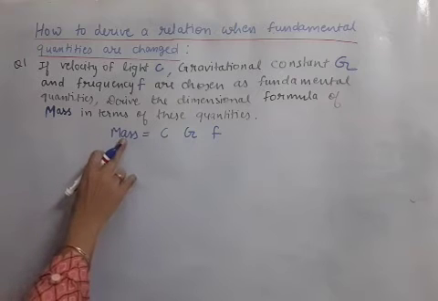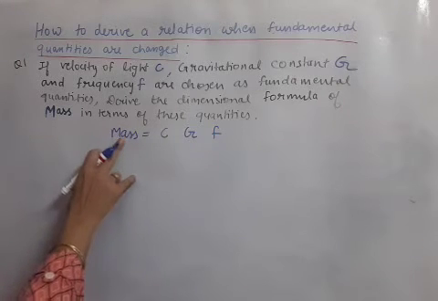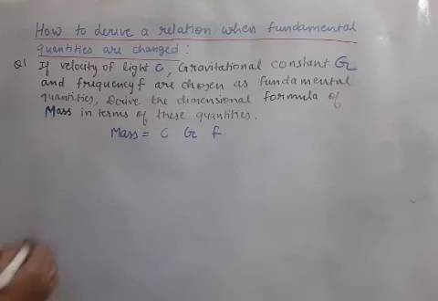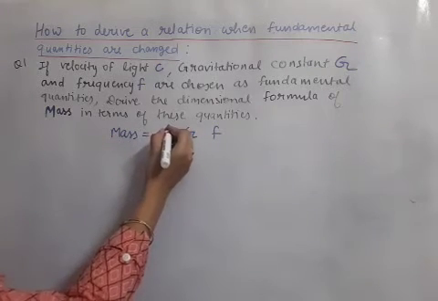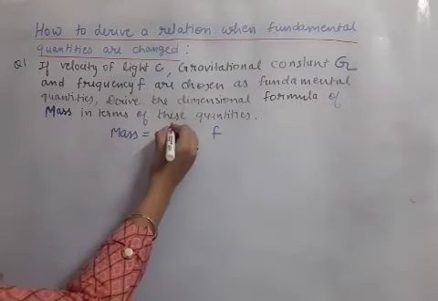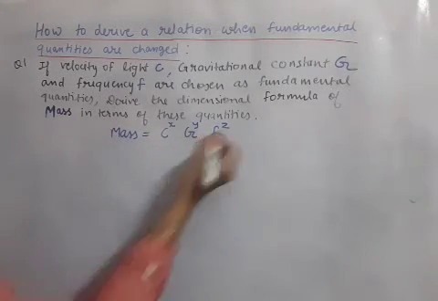The quantity whose dimensional formula is to be derived comes here, and the quantities in terms of which we derive it come here. As is the procedure, we will choose some powers a, b, c, but c is already here, so let us take the powers x, y, z.